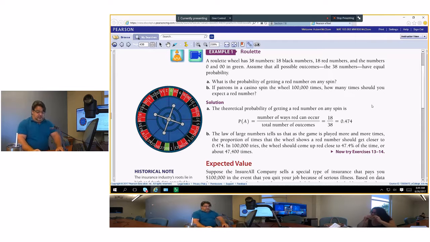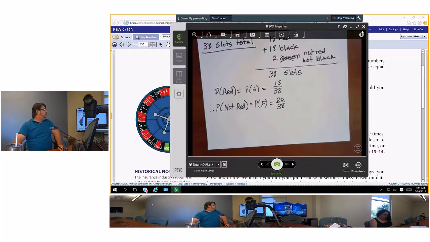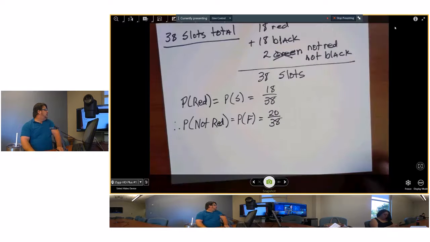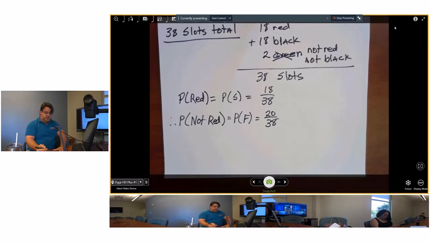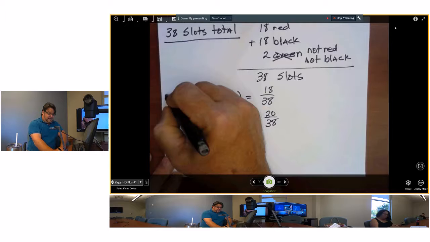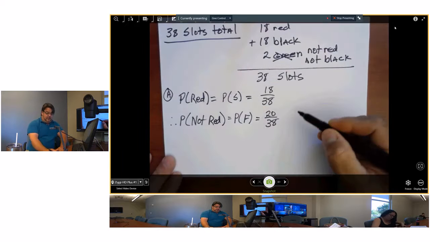So let's go for the odds against. Let me pull up the, there we go. Okay, so we're going to say this is A. Find the probability of red.